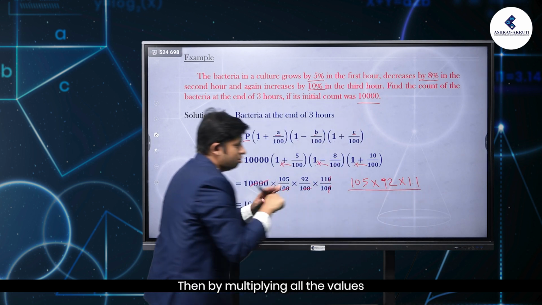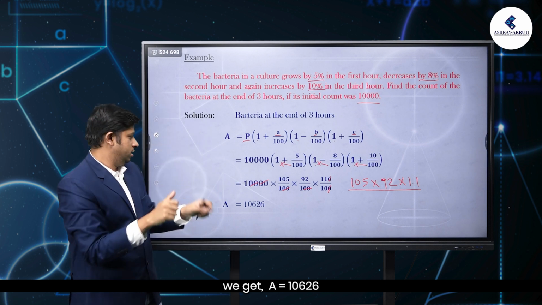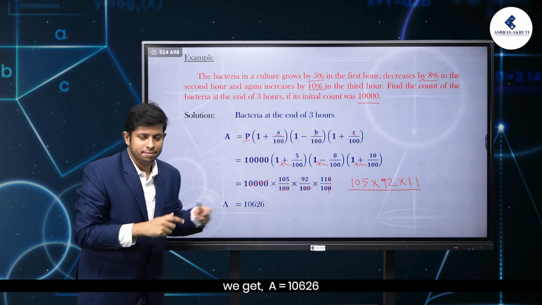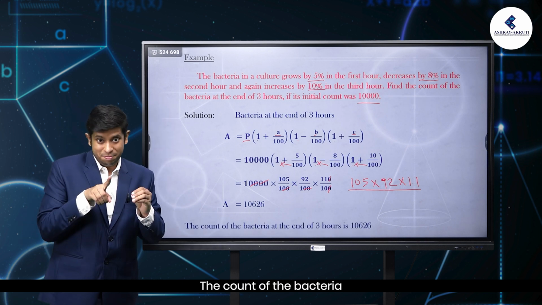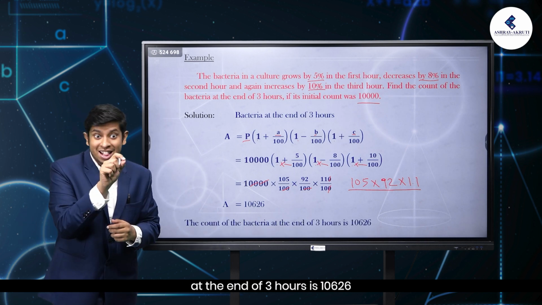Then by multiplying all the values, we get A is equal to 10,626. The count of the bacteria at the end of 3 hours is 10,626.